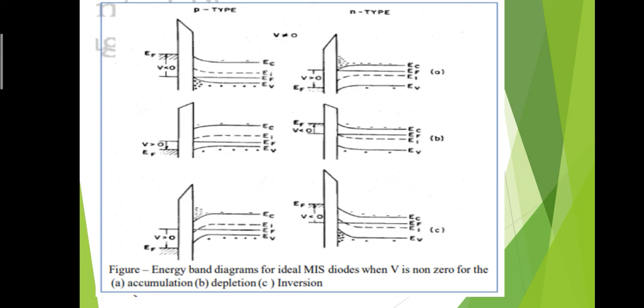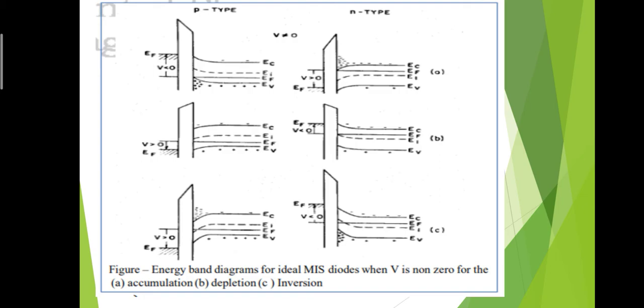First, the left hand side band diagram is for p-type material, and the right hand side diagram is for n-type material. Generally we know that in p-type material the Fermi level lies towards the valence band. So the first situation is shown in this figure, and how the band bending takes place is shown in the figure for the p-type and n-type semiconductor material under the accumulation, depletion and inversion stages.